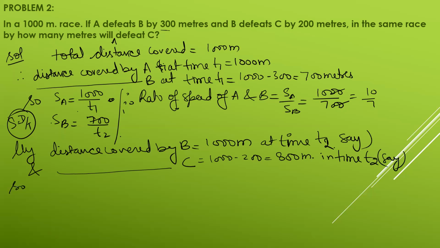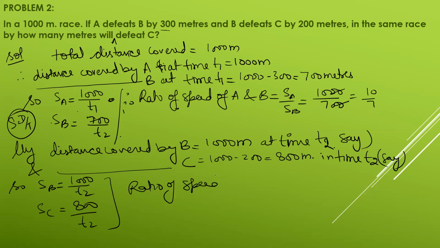So S of B is equal to 1000 over T2 and S of C is equal to 800 over T2, which means ratio of speed of B and C is equal to 1000 over 800, which gives you 10 over 8.